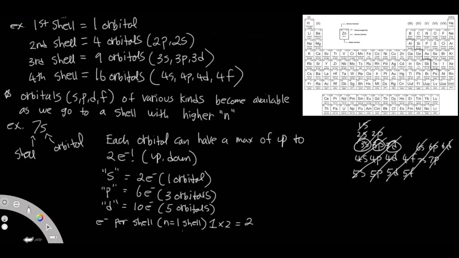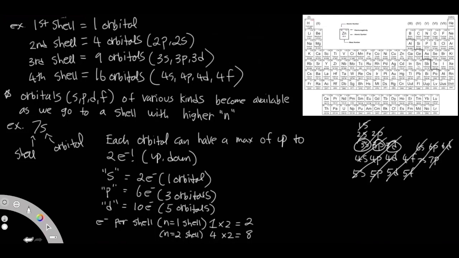If we do the same thing for n is equal to 2, so then you just end up getting 4. Then you multiply that by 2, and then you end up getting 8. Now, why is that the case? Why did I put 1 times 2 and 4 times 2?